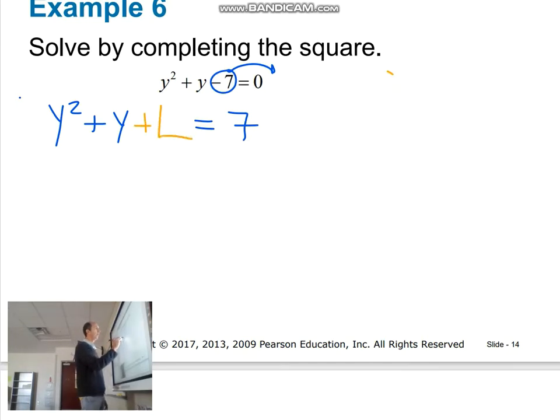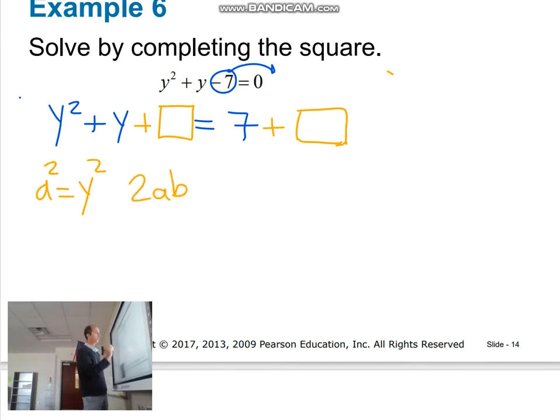So we need to add something here, and to get the equation balanced, we're going to add on the other side as well. Remember the formula, a squared equals y squared, and 2ab equals y. So we need to find b.